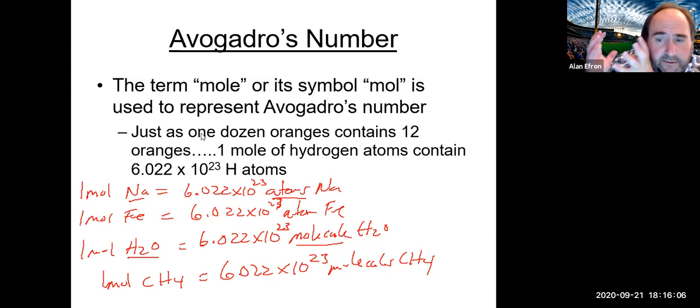You could also apply it to any type of molecule. And for any one of those that I wrote on the screen, you could use it as a conversion factor. Either Avogadro's number on top, 6.022 times 10 to the 23 over 1 mole, or flip it around, 1 mole on top and the 6.022 times 10 to the 23. Any questions on that there?